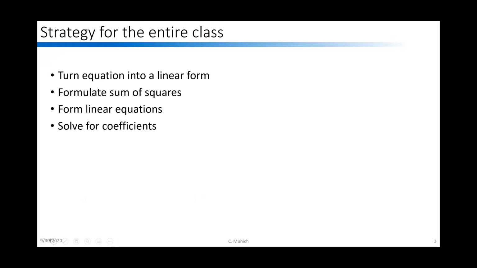In general, the strategy for this entire class is going to be to turn our equation into some form of linear form. Then we'll formulate some sort of sum of squares error. We'll form a series of linear equations from those sum of squares equations, and then we'll solve for coefficients using linear algebra.